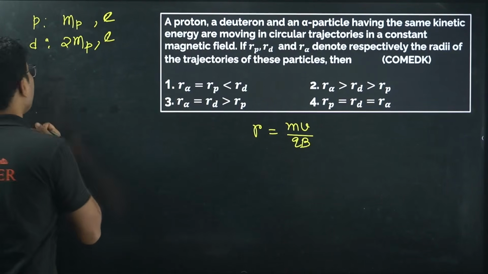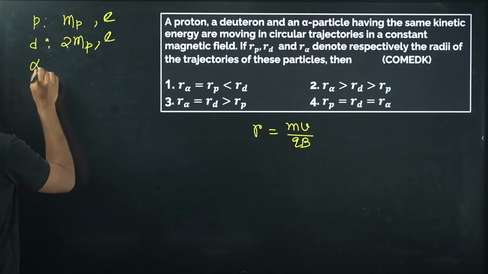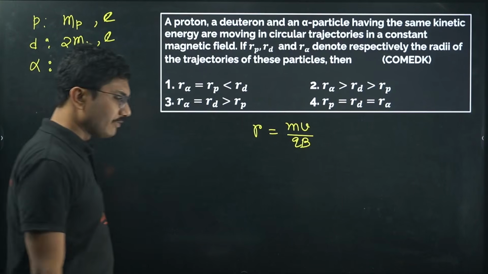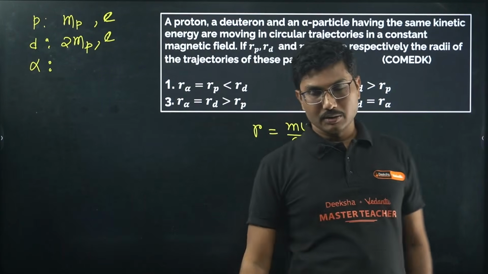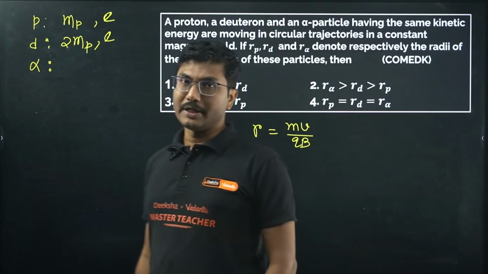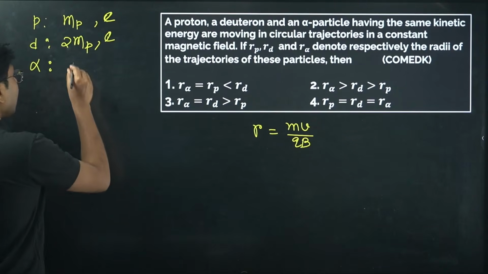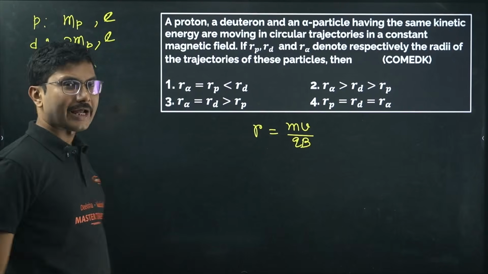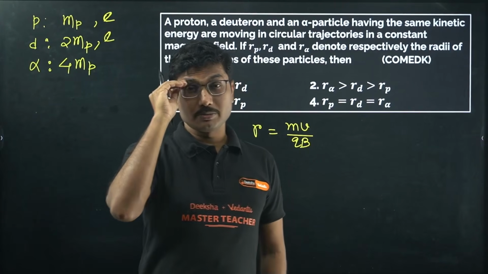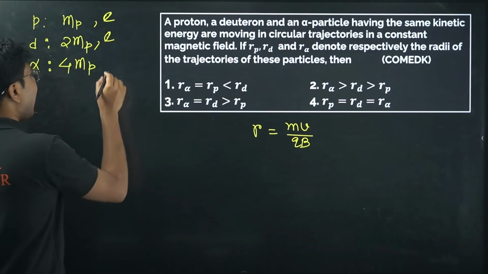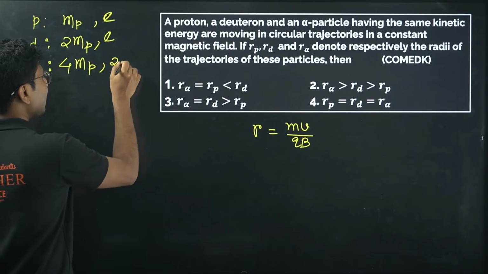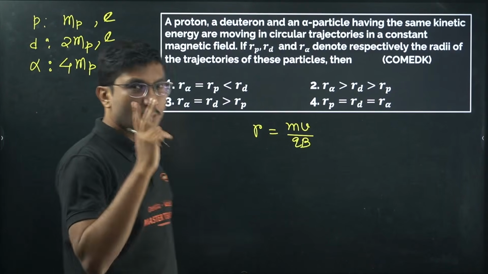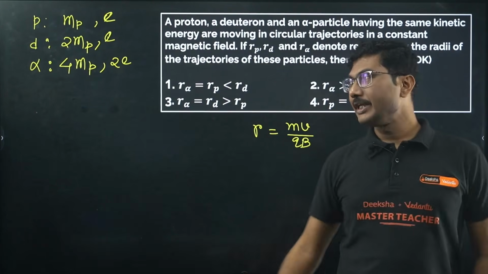Okay, what about alpha particle? Alpha particle is a doubly positive helium ion. Its mass is 4 mp, because helium has 2 protons and 2 neutrons, and its charge is 2e.